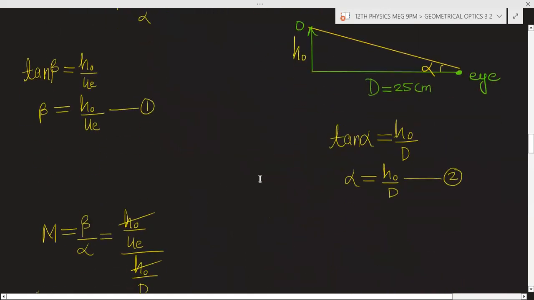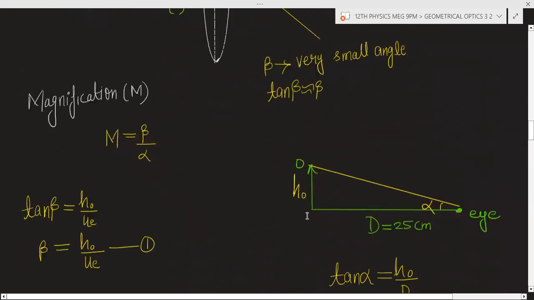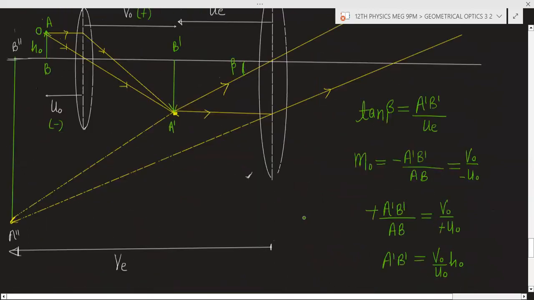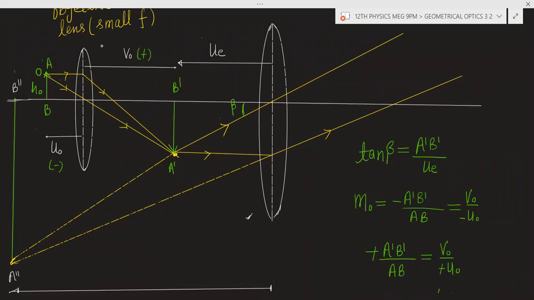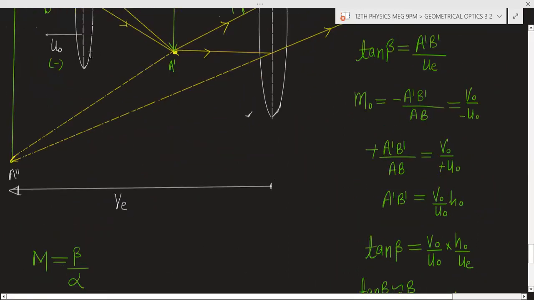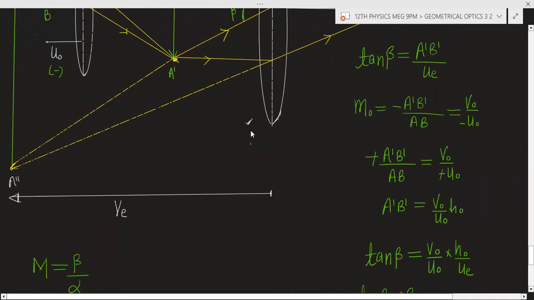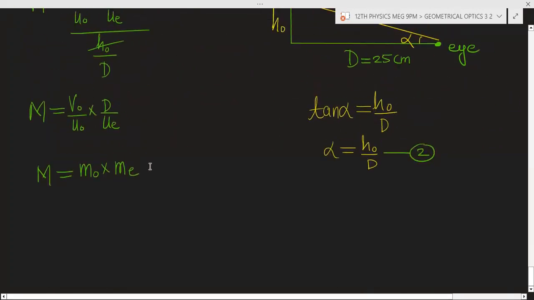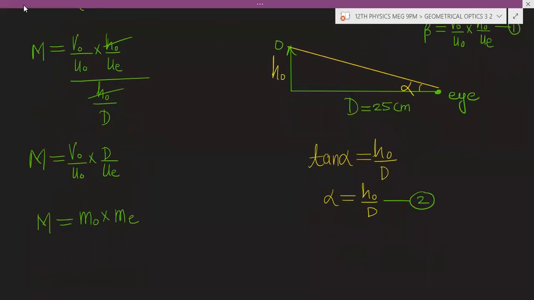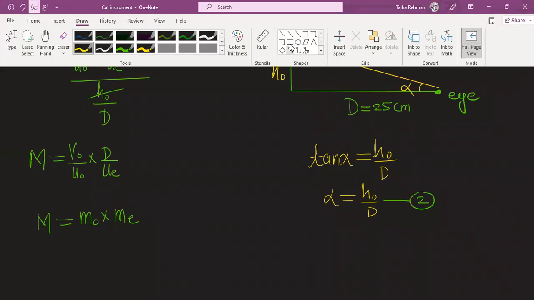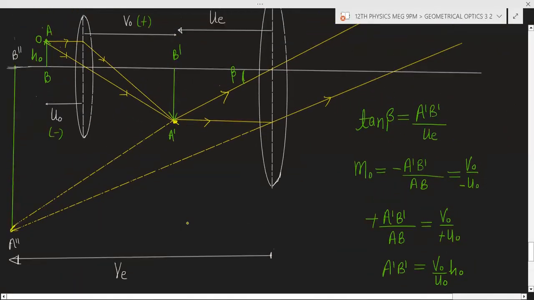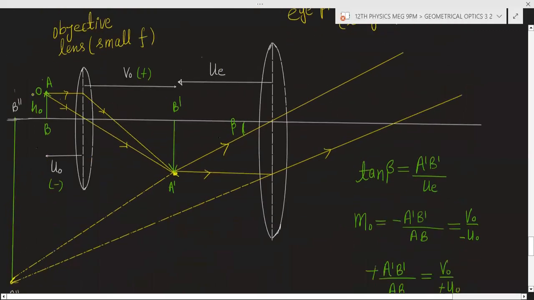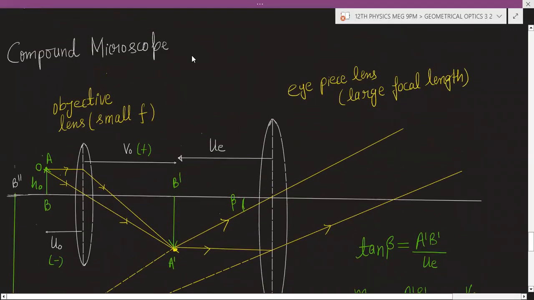This is the simple microscope, so the eyepiece lens is behaving as a simple microscope. So this will be the magnification for the compound microscope. Please take the screenshot once again for the calculation part.